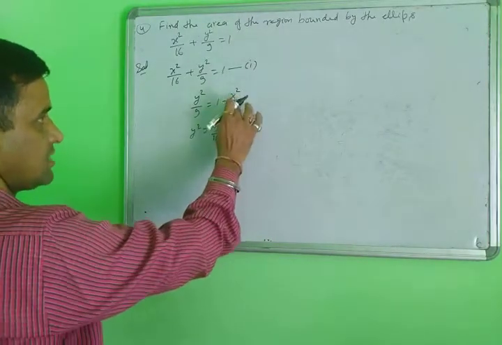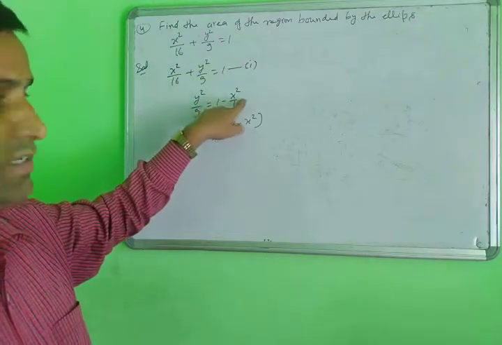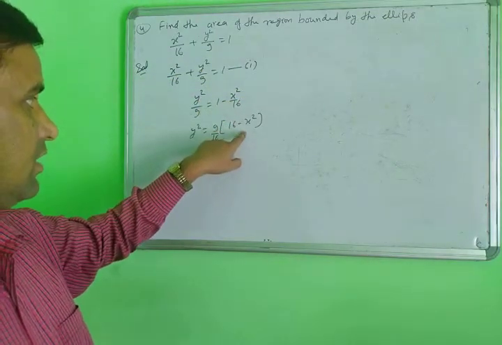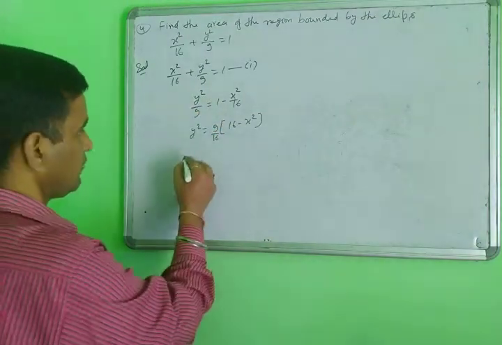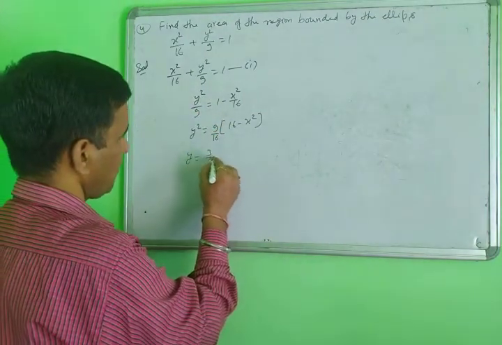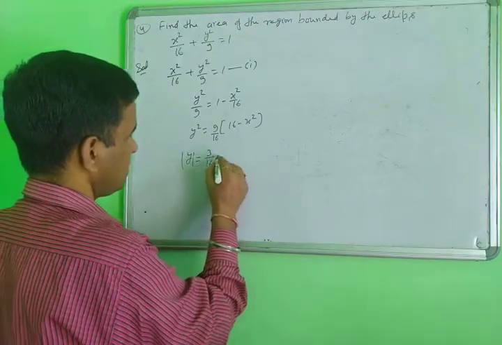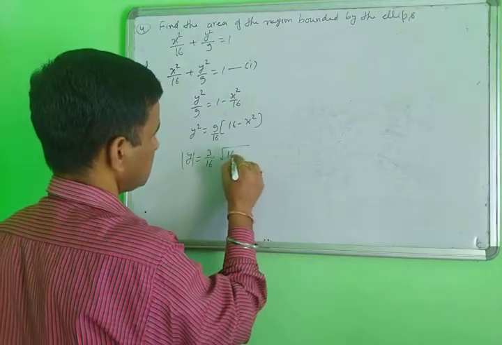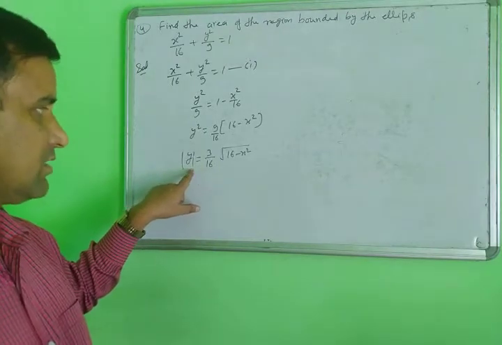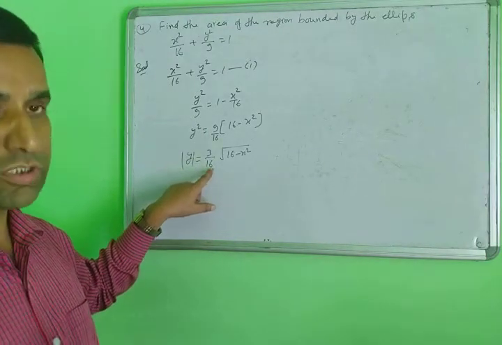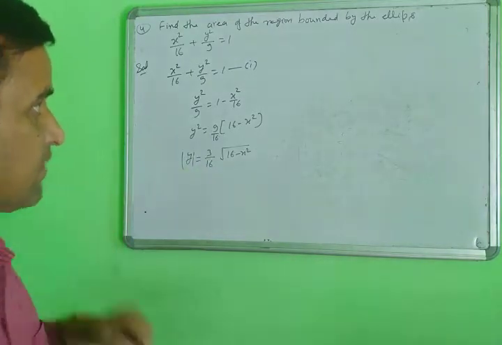Taking the LCM, we get y equal to 3 upon 4 times the square root of 16 minus x square. Here you are putting the mod sign, which means we consider only the positive value, not the negative value.